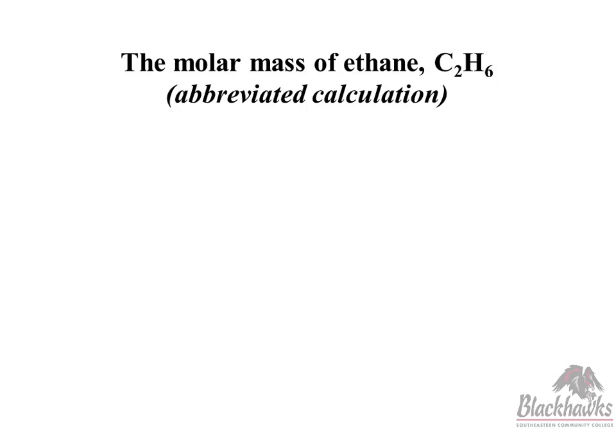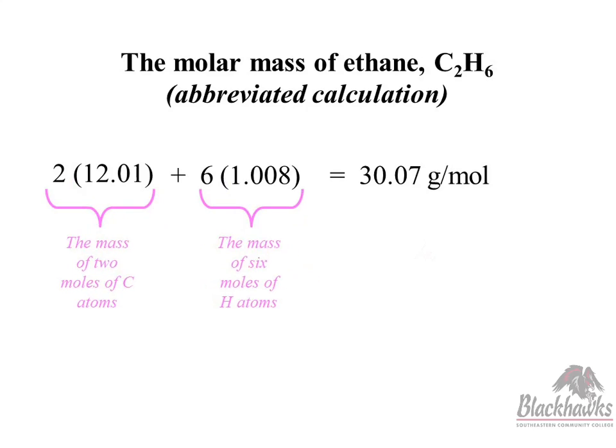The streamlined or abbreviated calculation goes like this. You account for the carbon term, you account for the hydrogen term, you write down what your calculator displays, and you round to 2 decimals. Much better. Do you think you have to include your units on the end? Did I include any units in the problem?